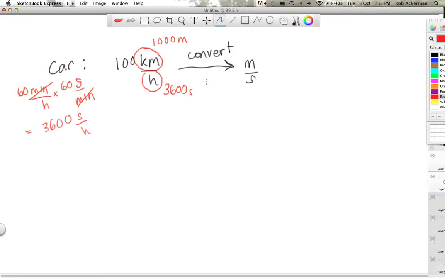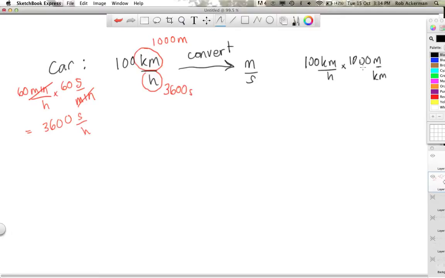Okay, so basically to get to meters per second, I'm going to have the original 100 kilometers per hour times 1,000 meters in a kilometer.